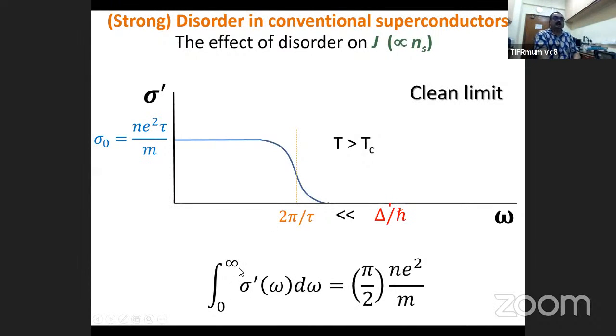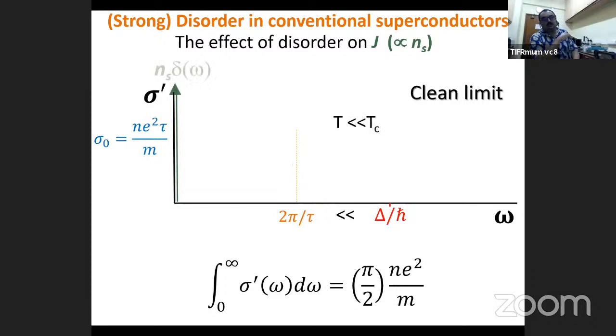You also know that you have this sum rule here, and this sum rule is valid at any temperature. So if you are in the clean limit, all these electrons go into the superfluid state and they contribute to this delta function peak here. However, if you are in the other limit, the dirty limit, then this tau is very small because my mean free path is short.